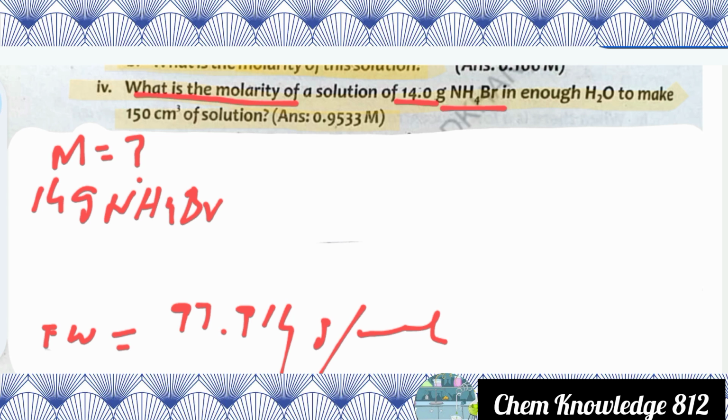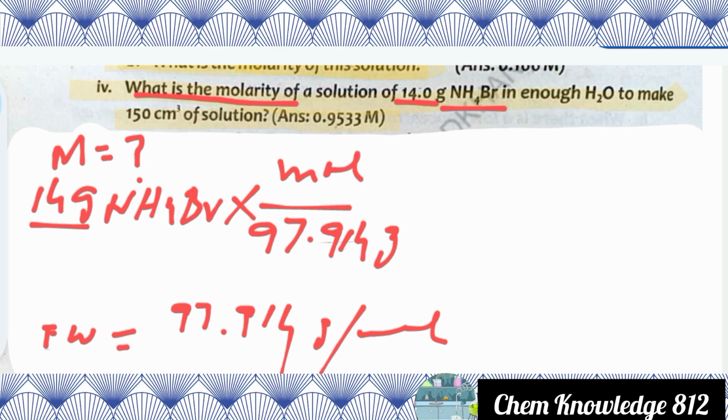So we have 14 gram of ammonium bromide, and this will be equal to 97.914 gram of ammonium bromide per mole. So this is cancelled with gram, and we have a unit of mole.